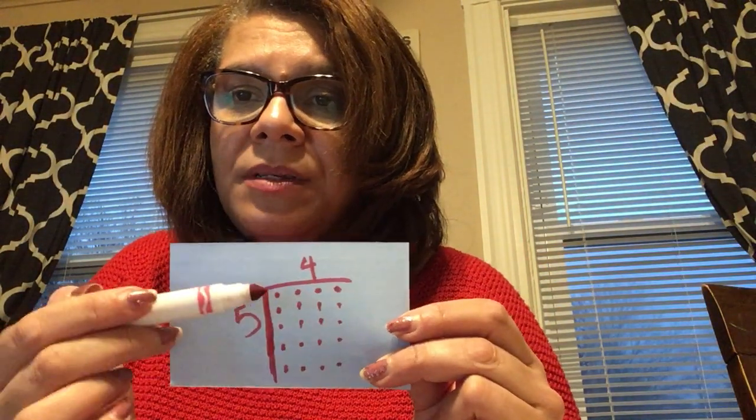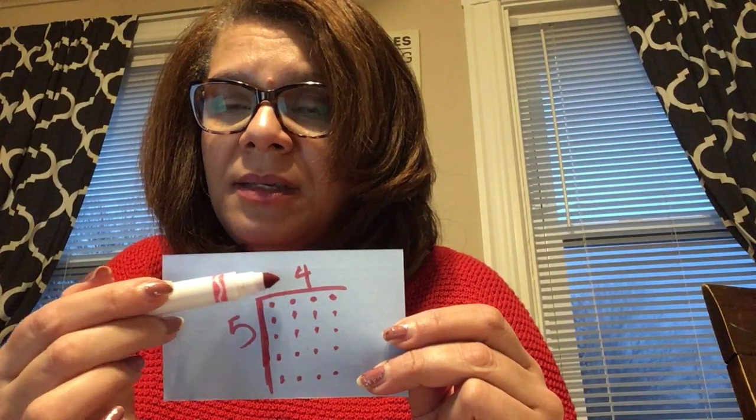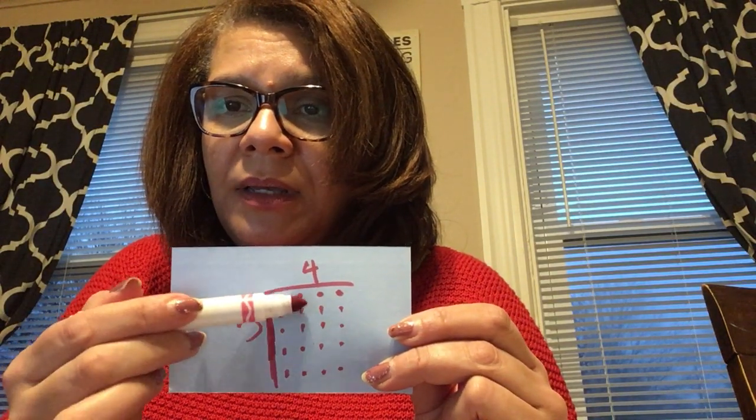And each duck had 4 ducklings. Let me just show you what your array should look like. So it's 4 columns. 1, 2, 3, 4. These represent the ducklings. And each one has 5.